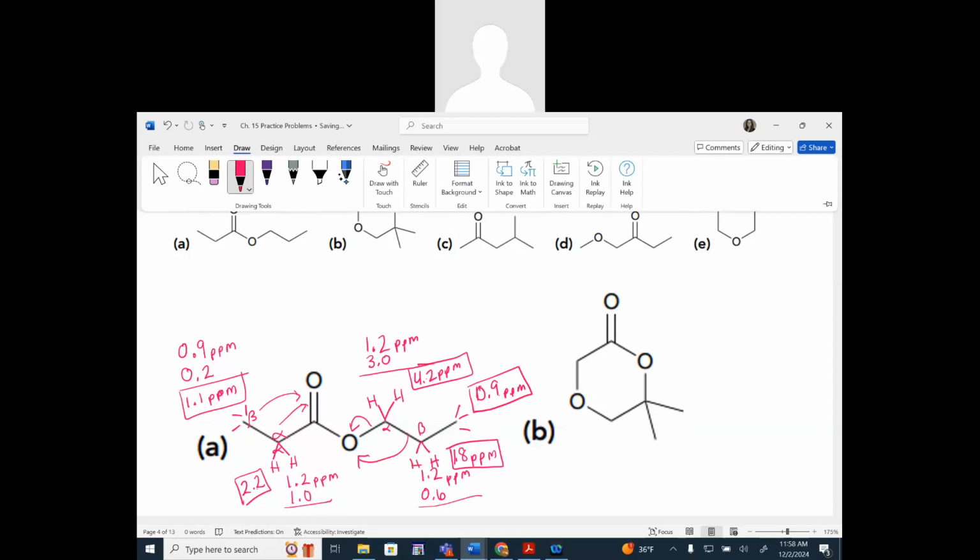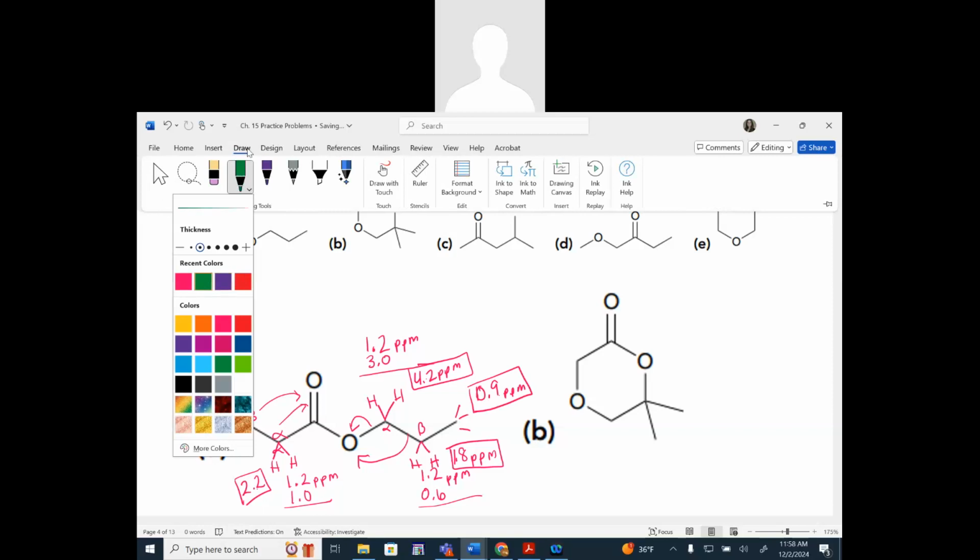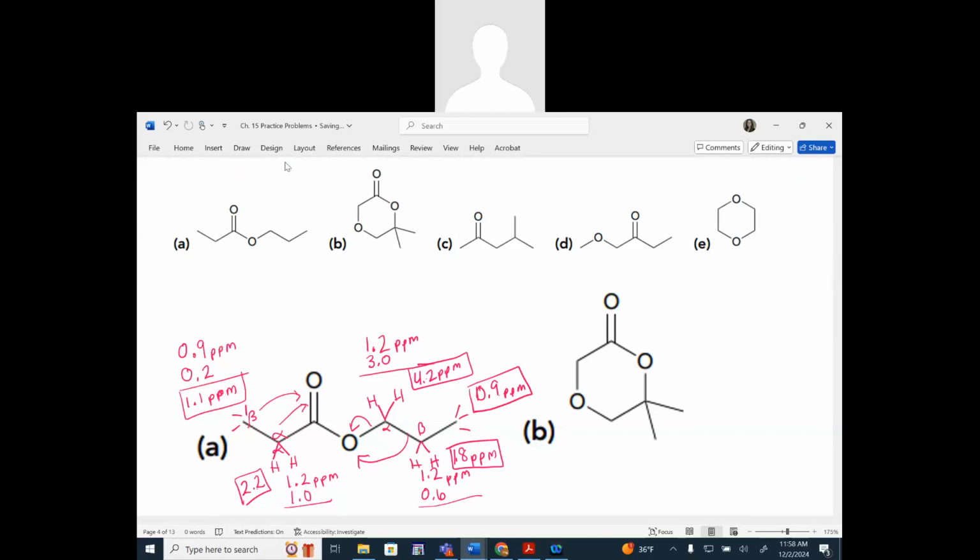Let's take a look at our next compound here. We should have three distinct signals now. So let's begin up here. We have our two methylene protons. We'll start them at 1.2 ppm.